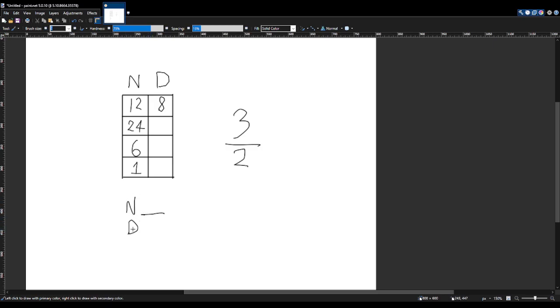D for down, for the bottom. That's how I remember. Now 12 and 8.